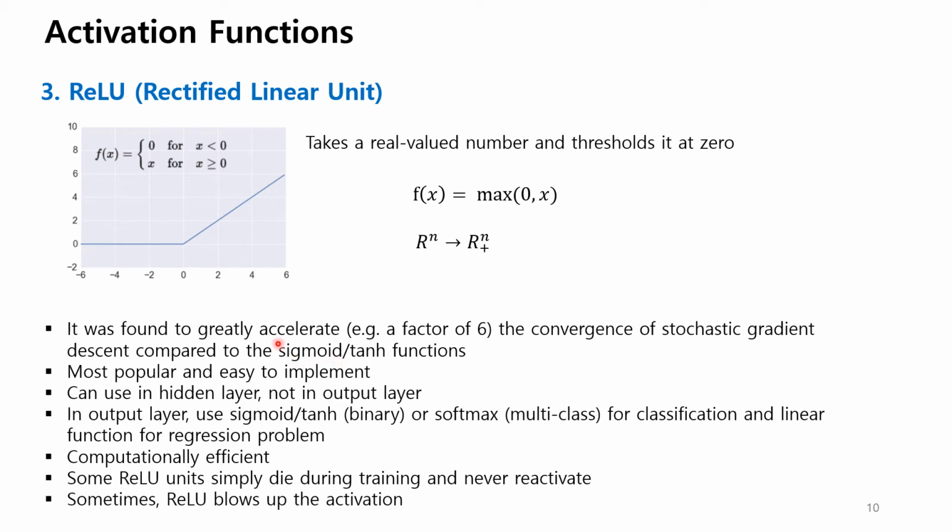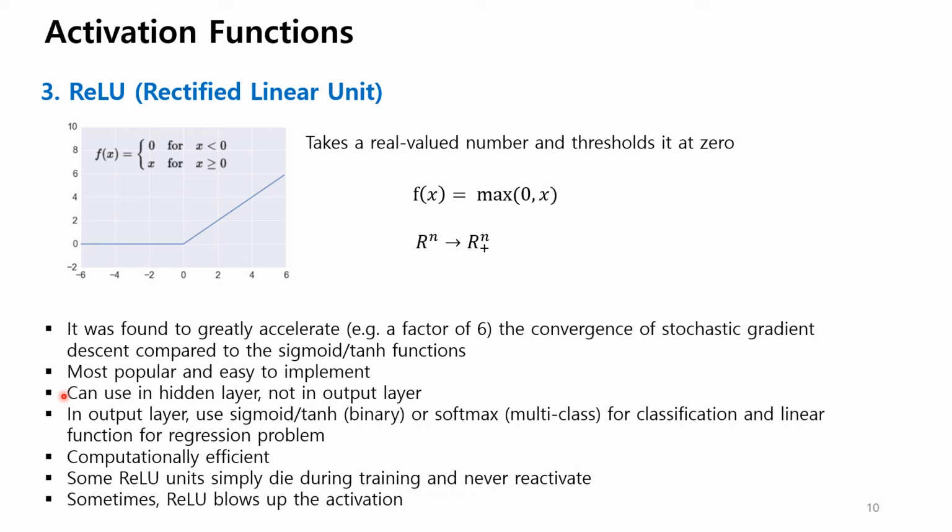So ReLU is very fast. Secondly, as I said, ReLU is the most popular activation function, especially in deep learning with many hidden layers, and it is very easy to implement. As you can see, this function is super simple.